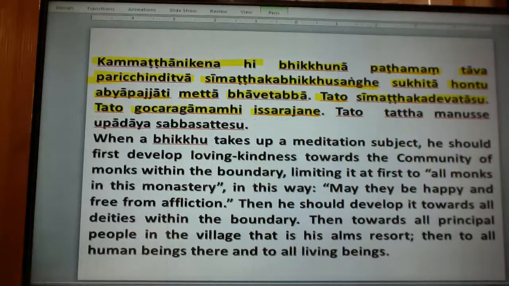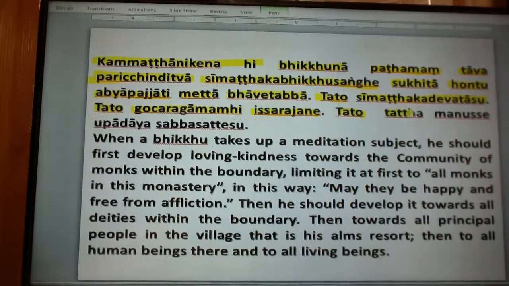Also the governor needs to be given loving kindness. So radiate loving kindness to them: may they be happy and free from danger. Make loving kindness like this.